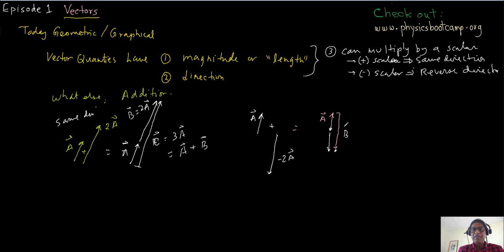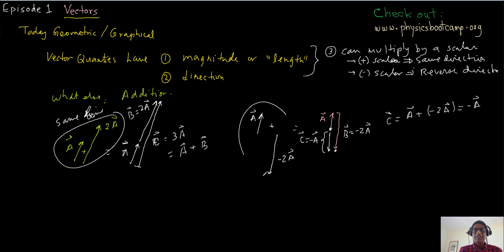So B equals minus 2A, and you can see the result is minus A, which is C. So C equals A plus minus 2A equals minus A. So I get a reverse vector, as long as it's acting along the same line. By doing this, you can say this subtracts vectors.